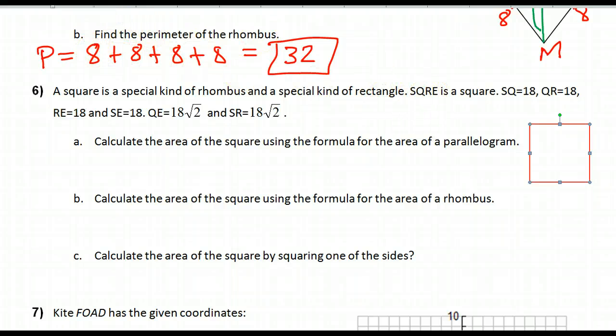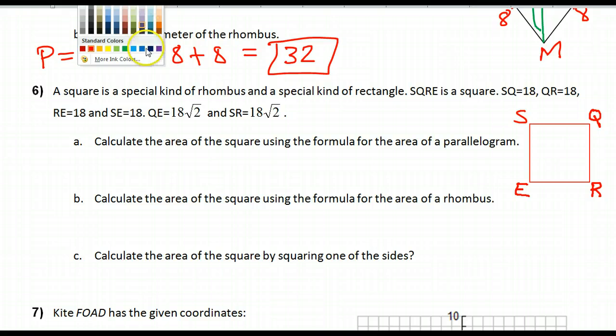Okay, SQRE. So let's see, we have S, Q, R, and E.